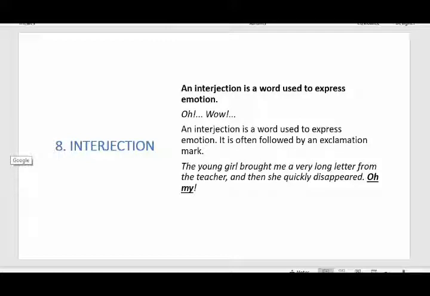Last is interjection. In IELTS, we will not really use much of interjections since we get very few opportunities to use them. An interjection is a word that is used to express our emotion, like wow.